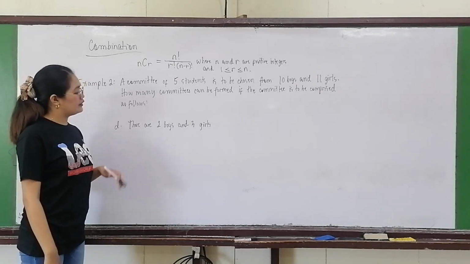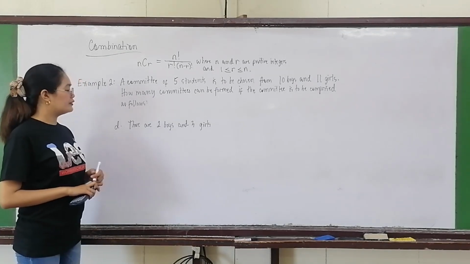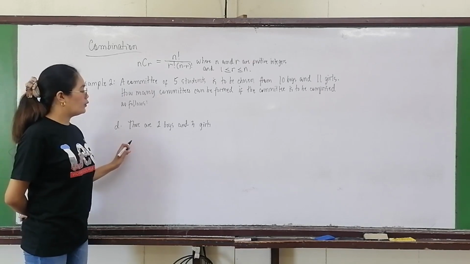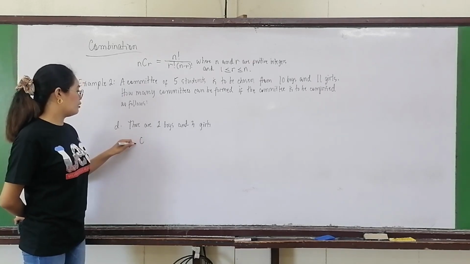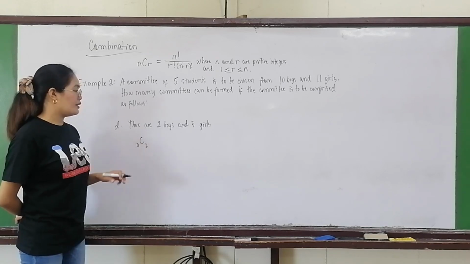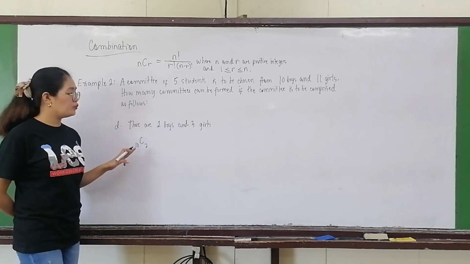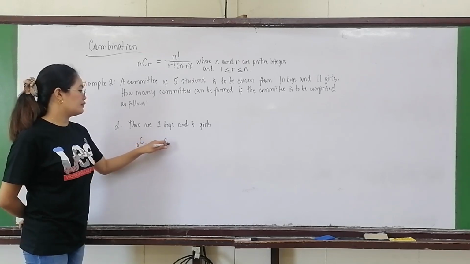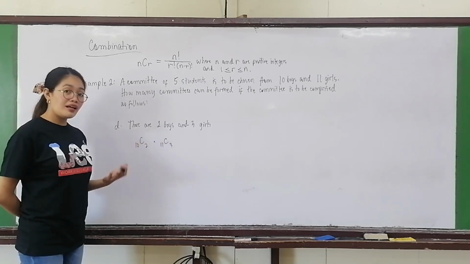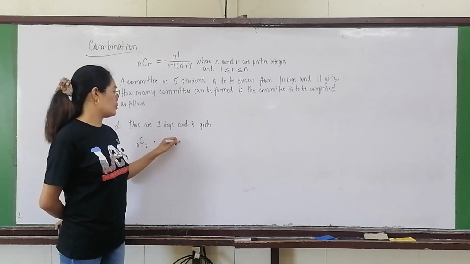For letter D, the last condition that we have, there are 2 boys and 3 girls. With this, we have a combination of 10 taken 2, meaning out of the 10 boys, only 2 will be chosen, times the combination of 11 taken 3, meaning out of the 11 girls, only 3 will be chosen.